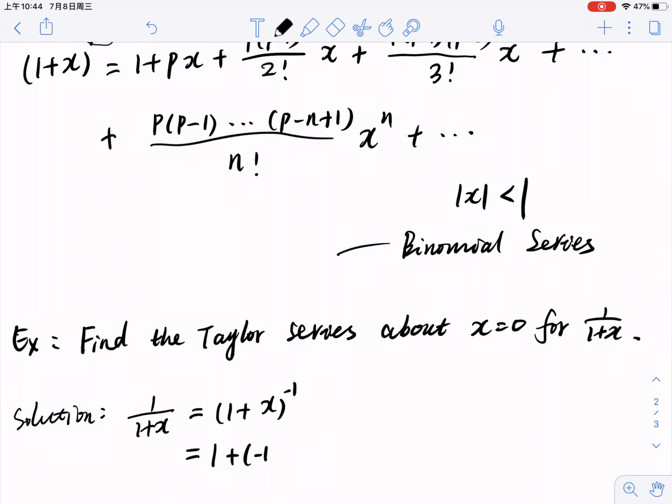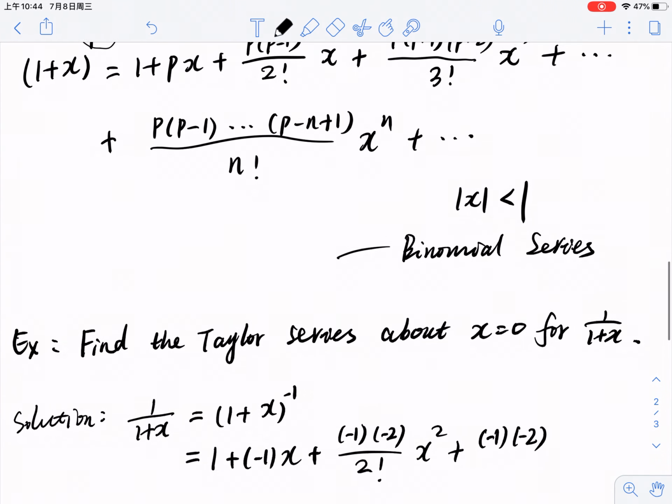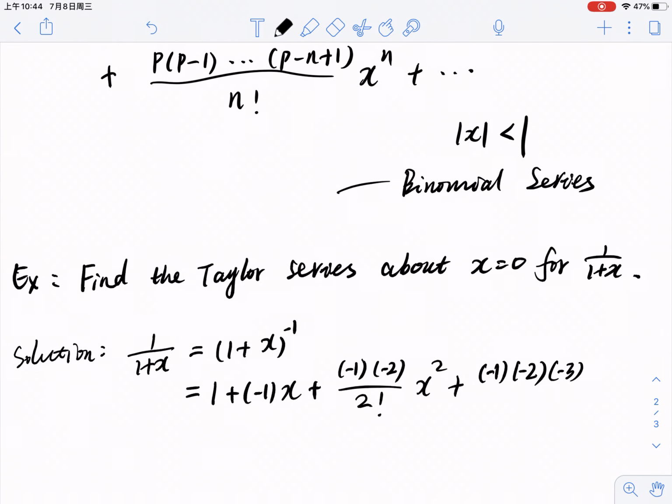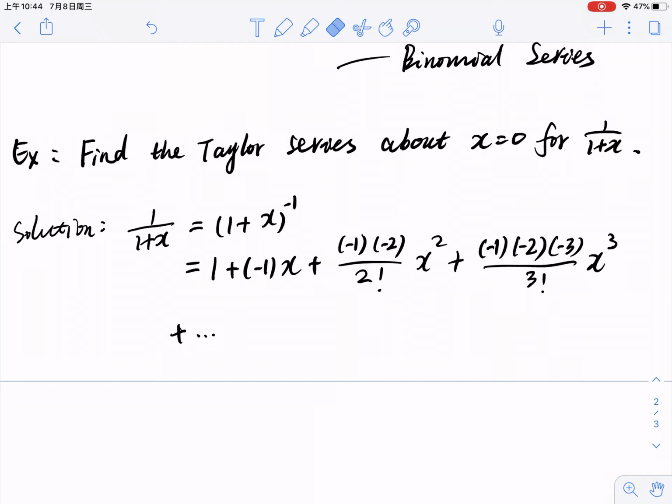So with p = negative 1, we get 1 plus negative 1 x plus negative 1 times negative 2 over 2 factorial x squared, then plus negative 1 times negative 2 times negative 3 over 3 factorial x cubed, then plus, we write down one more term, negative 1 times negative 2 times negative 3 times negative 4 over 4 factorial x to the power 4.